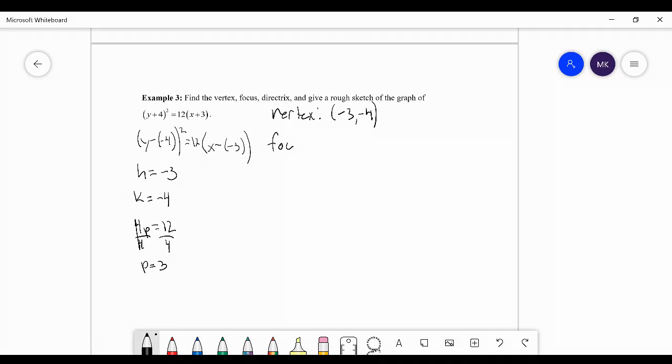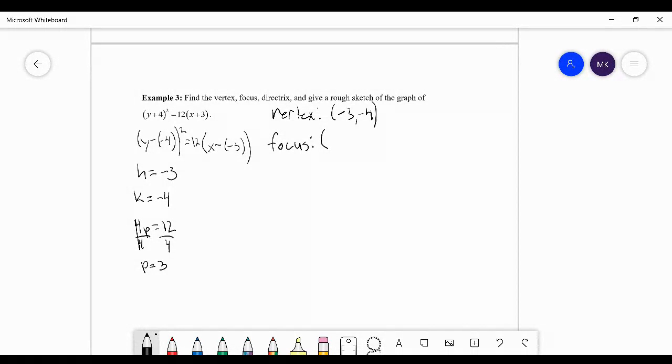Our focus, okay, since this is a y squared, this is a horizontal opening graph, so our focus is going to be h plus p, comma, k.